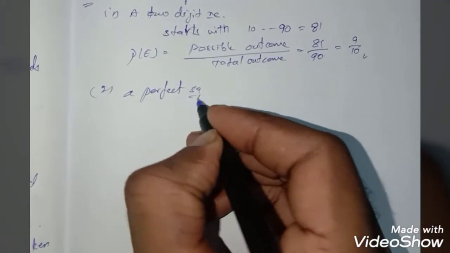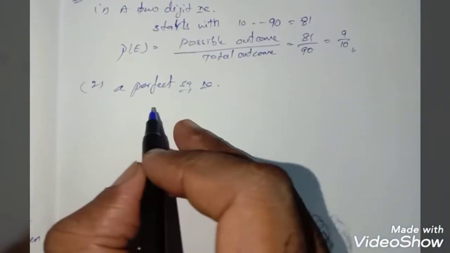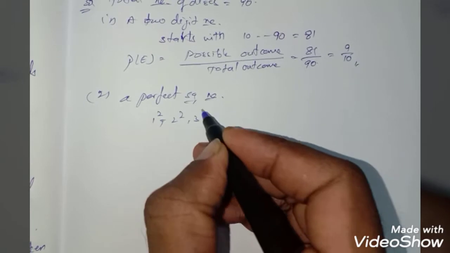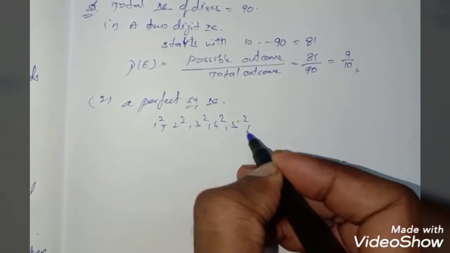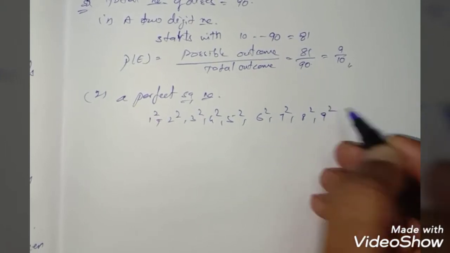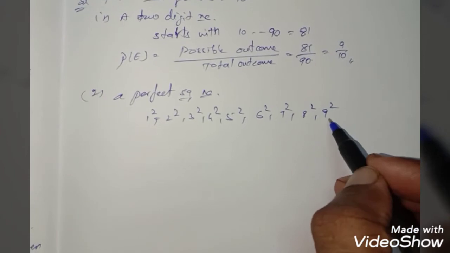I am writing in a short method, right? Now perfect squares means you will have 1 square, 2 square, 3 square, 4 square, 5 square, 6 square, 7 square, 8 square and 9 square. 9 square is 81, right? The total number is 90, so I am writing till 9.